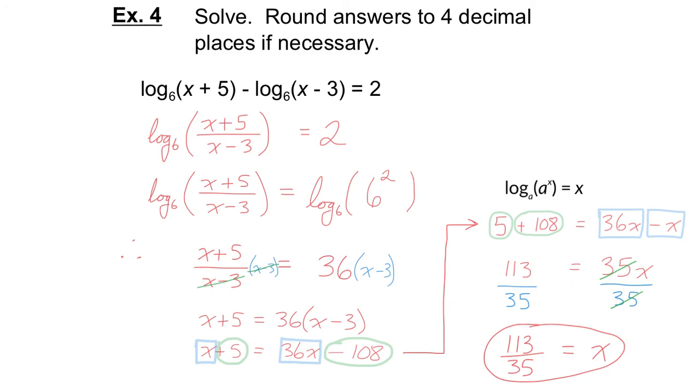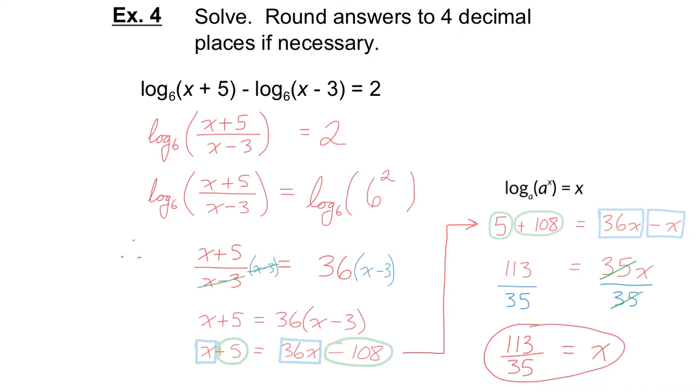Okay, so just to recap, if you are solving equations in exponential form, take the log of both sides to turn it into logarithmic form, and then you can get it to a point where you have the same base for each log on both sides, and then say that the arguments are the same.